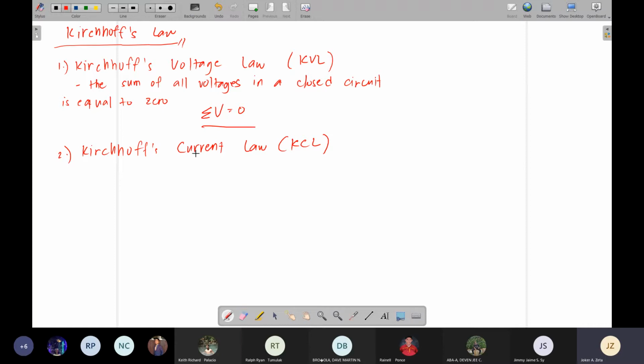Also, for Kirchhoff's current law, it will just be basically the same as KVL, pero imbis nga voltage, current lang. So, for Kirchhoff's current law, the sum of all current entering and leaving a certain node is equal to 0.